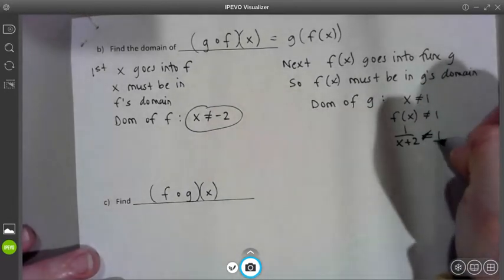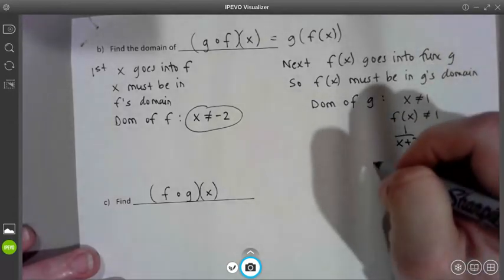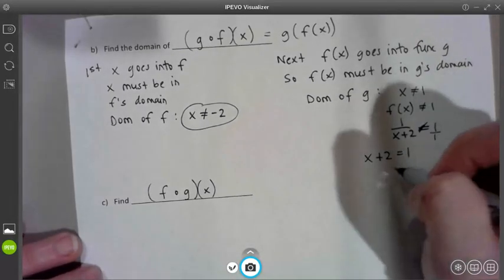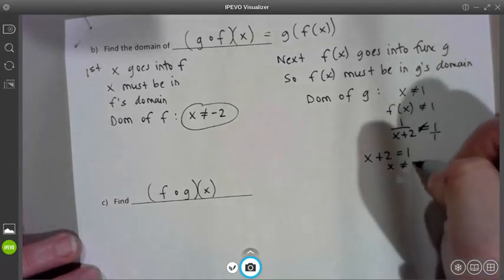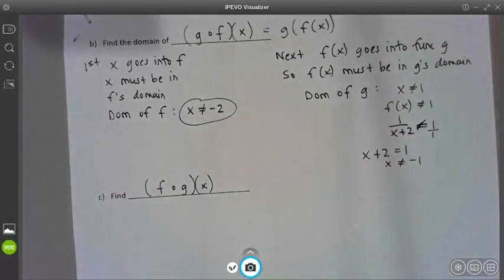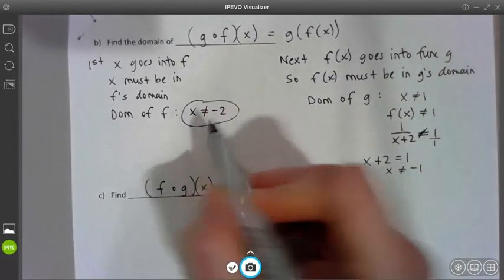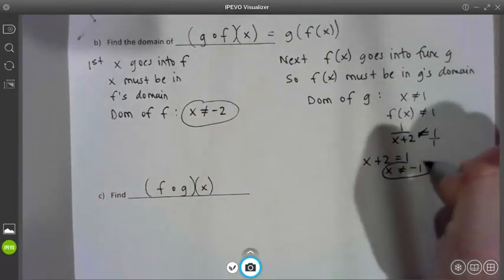So again, let's put it over 1 and cross multiply. I'm going to get x plus 2 equals 1, and you find out that x cannot be negative 1. So now you find out that this composition function, g of f of x, cannot be negative 2 and it cannot be negative 1.